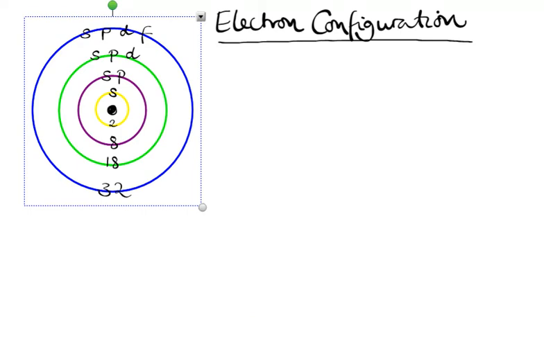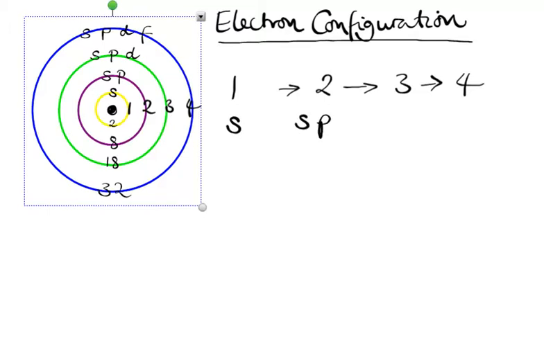In this section we're going to cover electron configuration. On the screen we can see the diagram that we looked at previously, where we've got the first, the second, the third and the fourth shells, and it would be sensible to assume that we move from the first to the second to the third to the fourth, and this is partly true, and that we go from S, and we've got S and P, SPD, SPDF.